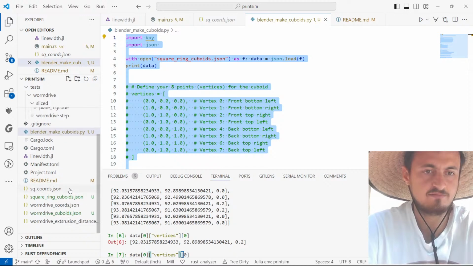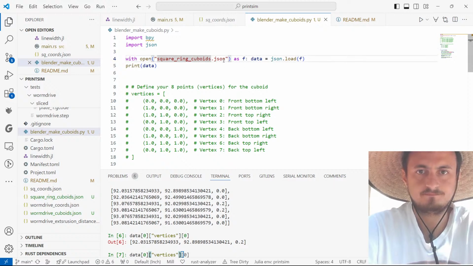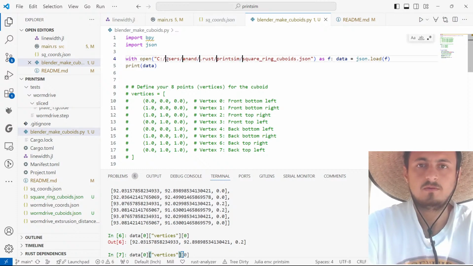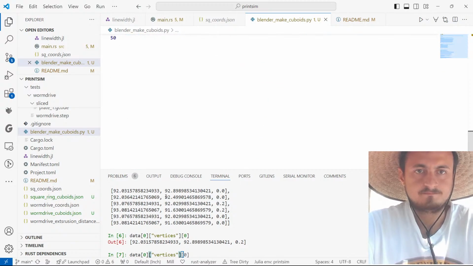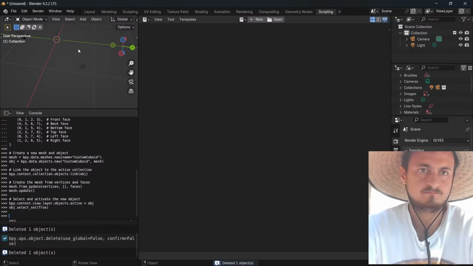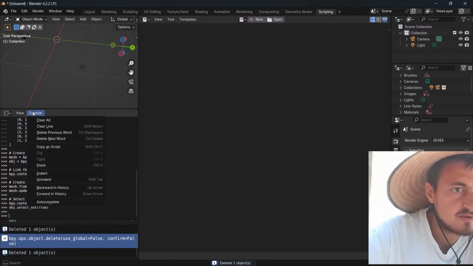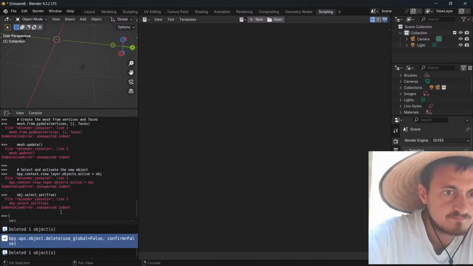Let's make this the full path. Where's my Python? Where is my... Oh, here it is.